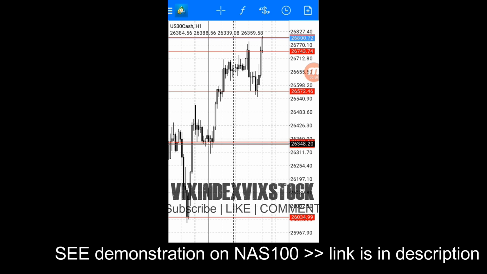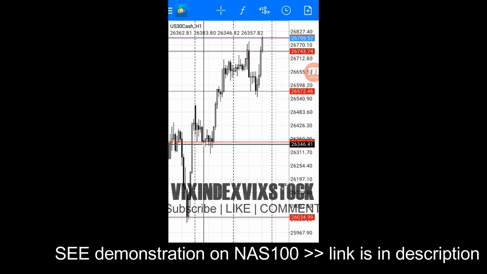So you need to hunt for these wicks. The wicks must stop at a similar price level like they are doing here. It's an indication that there is some interest in this price level, and this is an hourly chart.